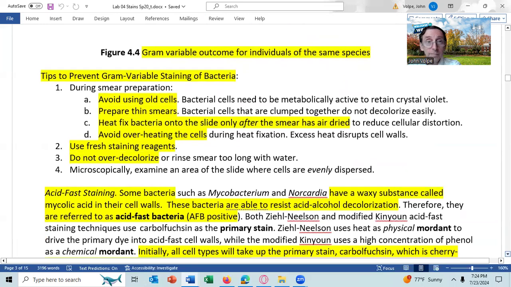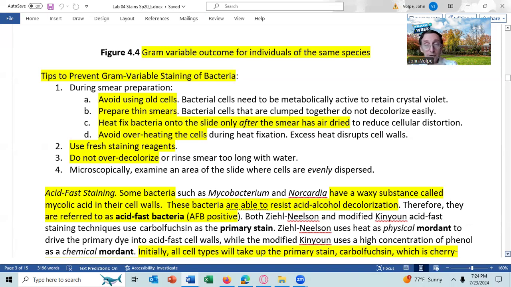All right, some tips for doing the gram stain and preventing gram variable staining of bacteria: avoid using old cells. You need cells that are only 2 days old or less to do the gram stain. If they're over 2 days old, the gram stain may not work correctly. Prepare thin smears of cells.